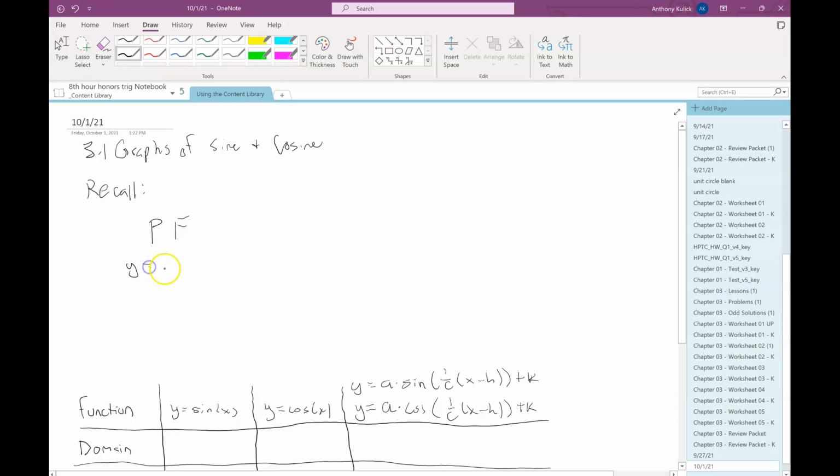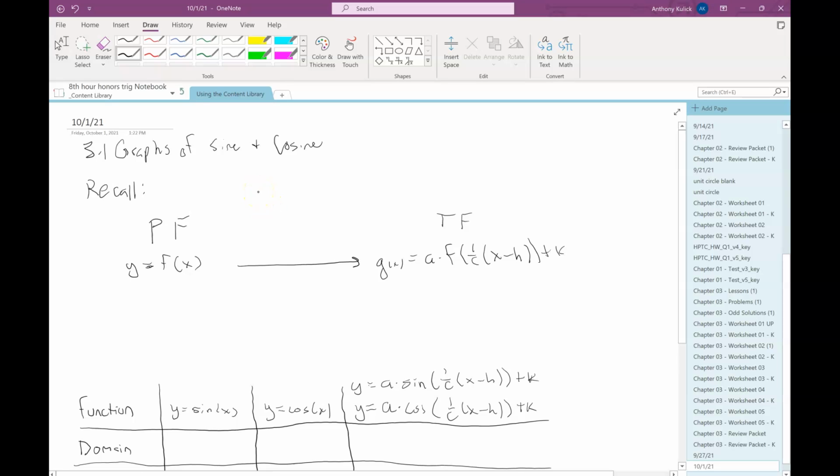So if I have a function that I'll refer to as the parent function, I can transform that parent function algebraically in this following way. Right?